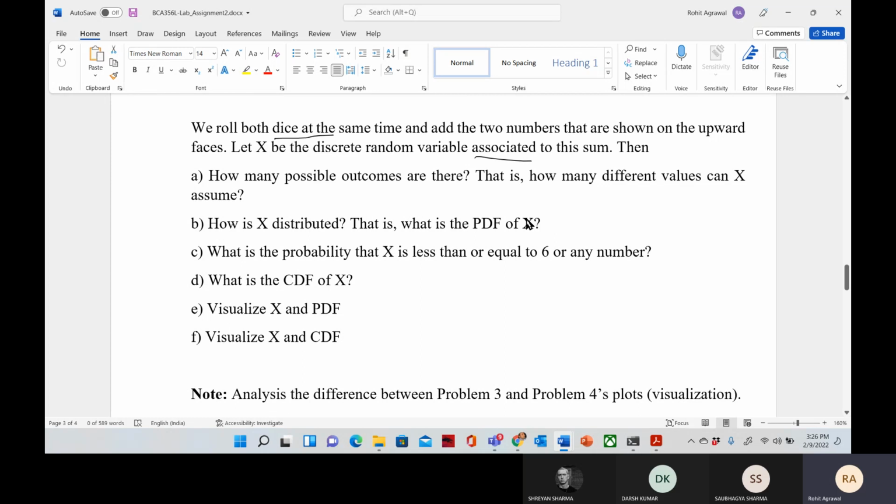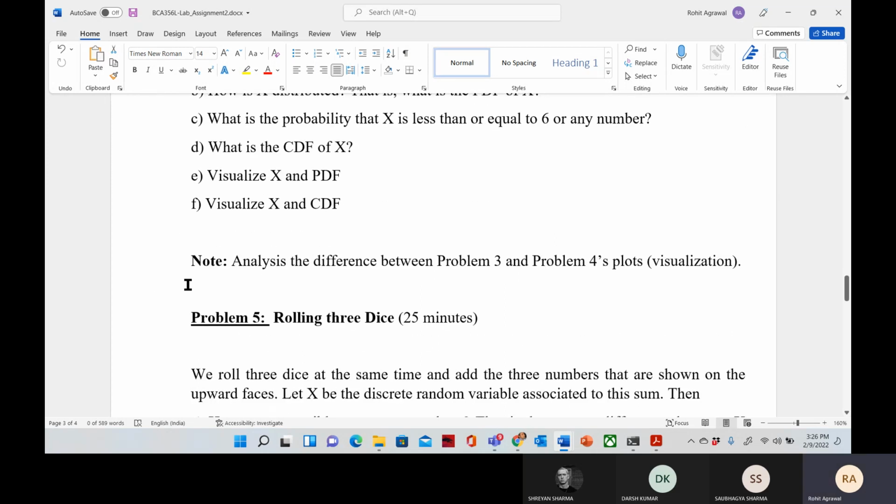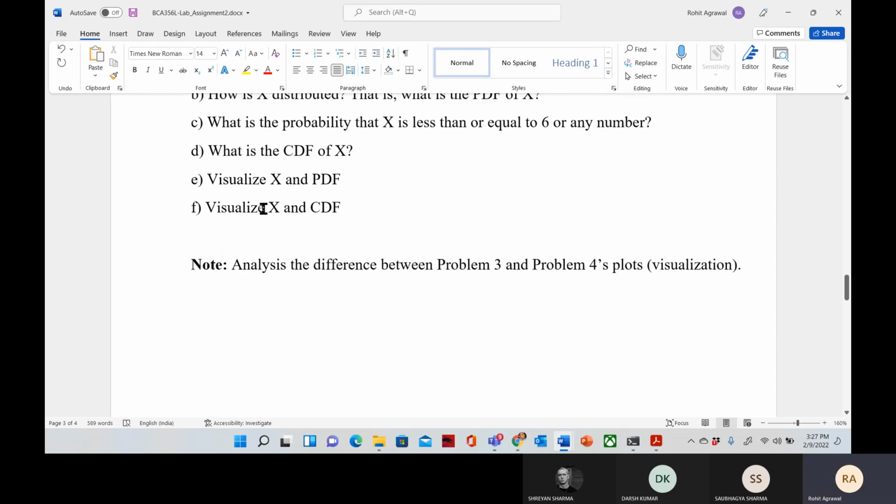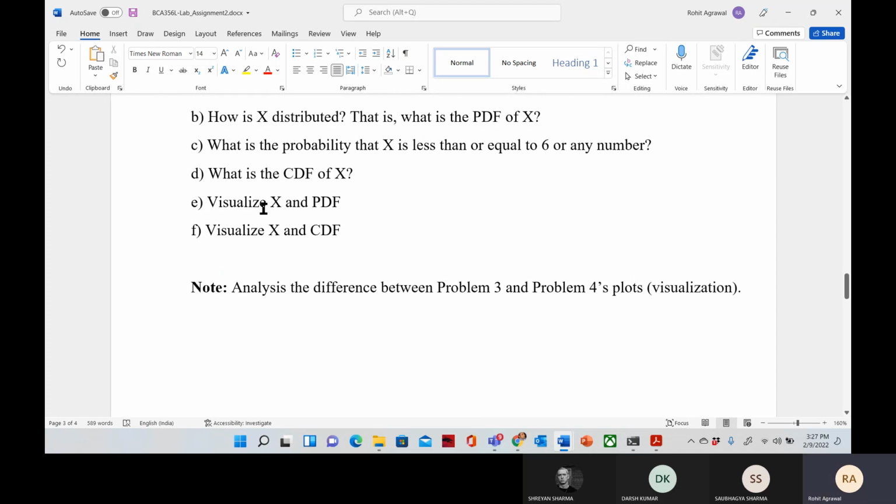I will take some space here. So we are writing a table: X values and their probability.